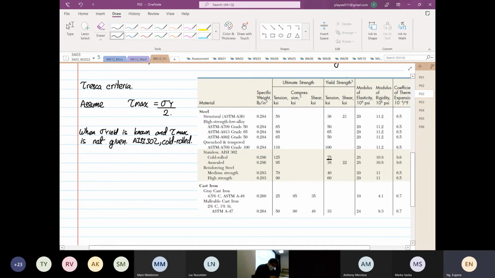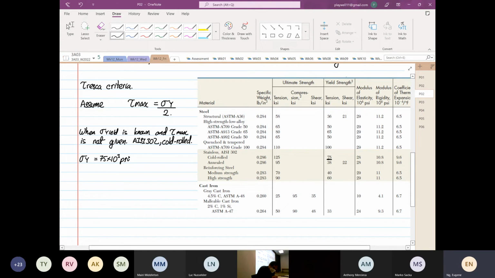So what you see, we are only given the stress U, which is equal to 75 times 10 to the power 3 psi. The shear is not given.